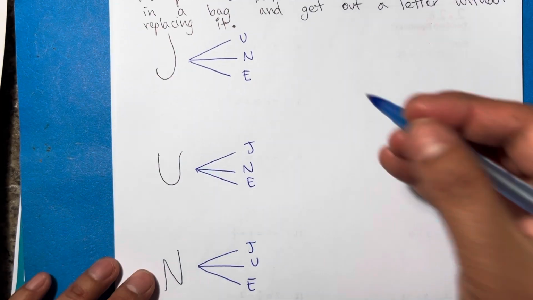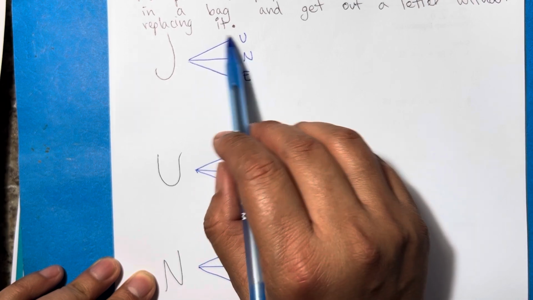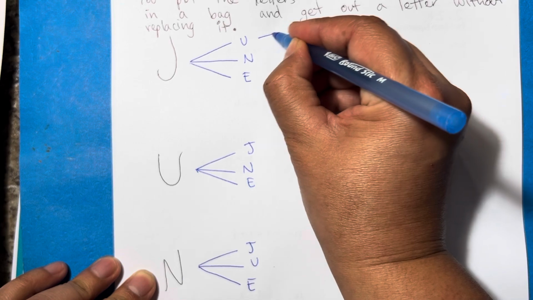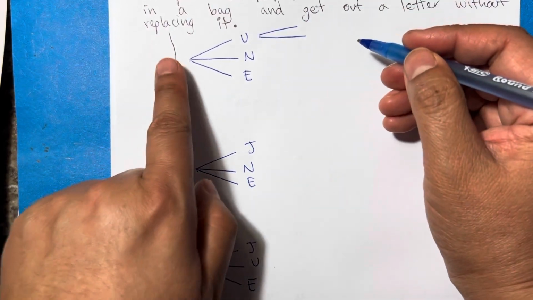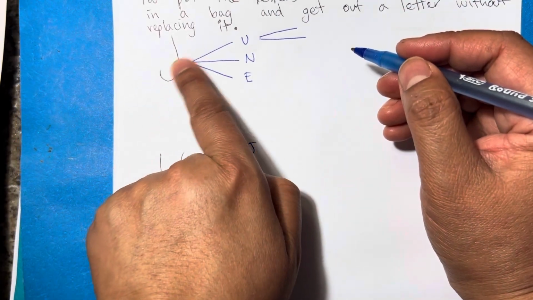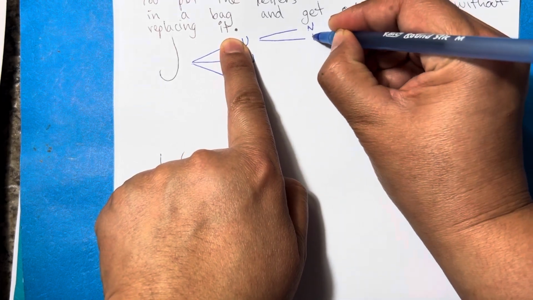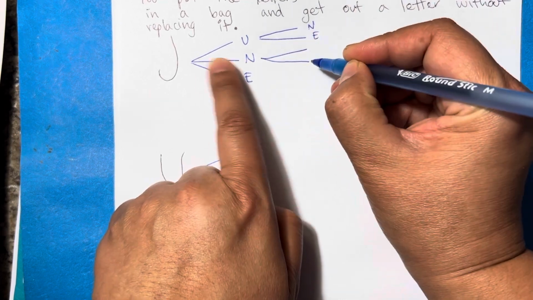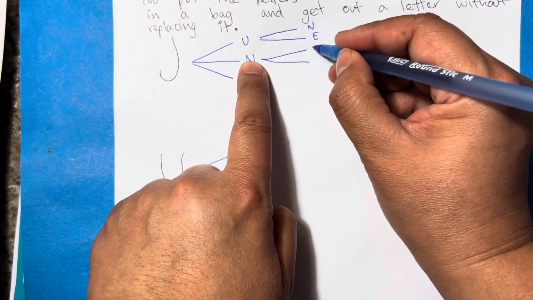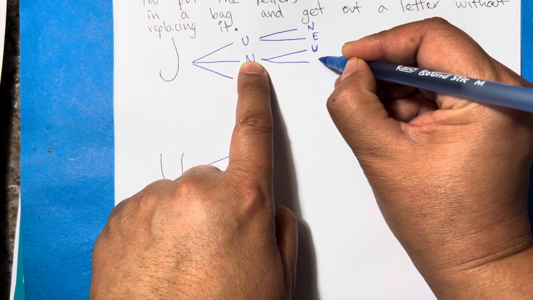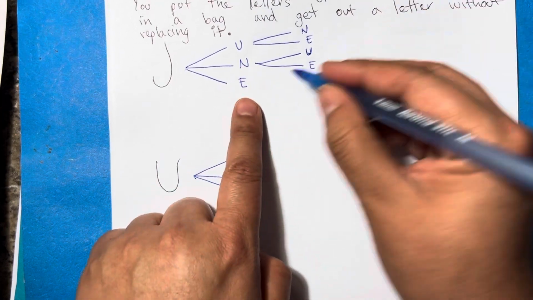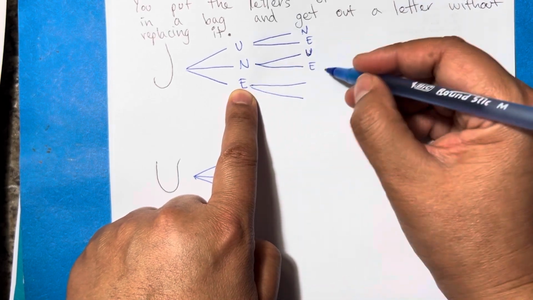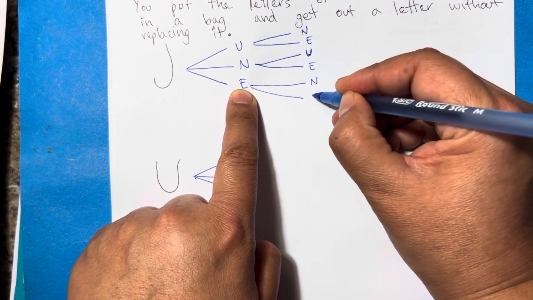For the next one, you already took the first 2 letters, but now you only have 2 choices left. For this one, you already took J and U, so you only have N, E in the bag. For this one, you took out J and N, but you still have U and E. And for J, E, that means that you already took out J, E, you only have N, U.